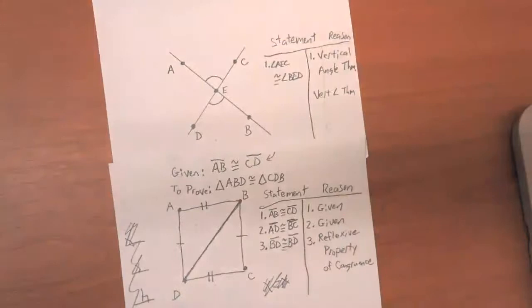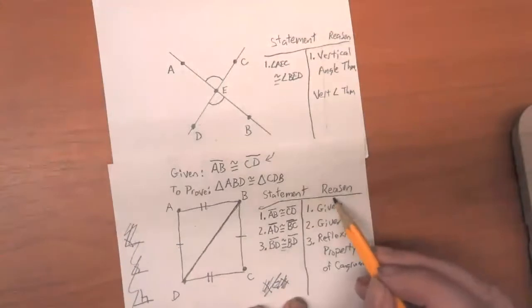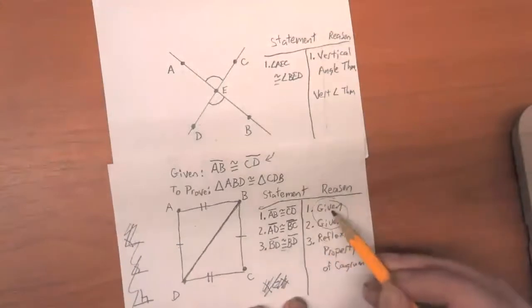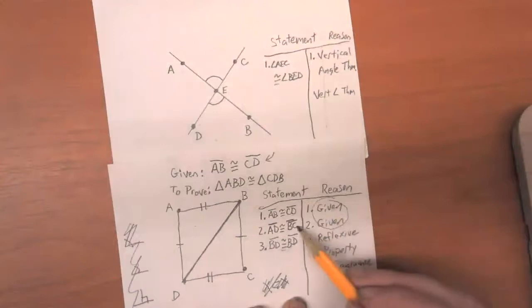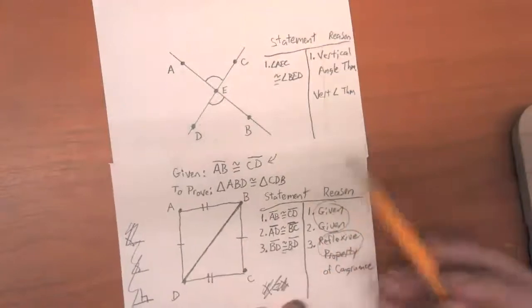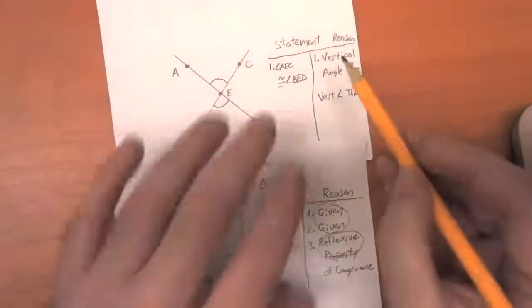All right, so for this first video, these are things that we don't need any other statements in the proof to justify. We don't need to know anything other than what's in the diagram. These reasons are given: either something is given in words or it's given through markings in the diagram. We've got the reflexive property, which says that anything is congruent to itself.